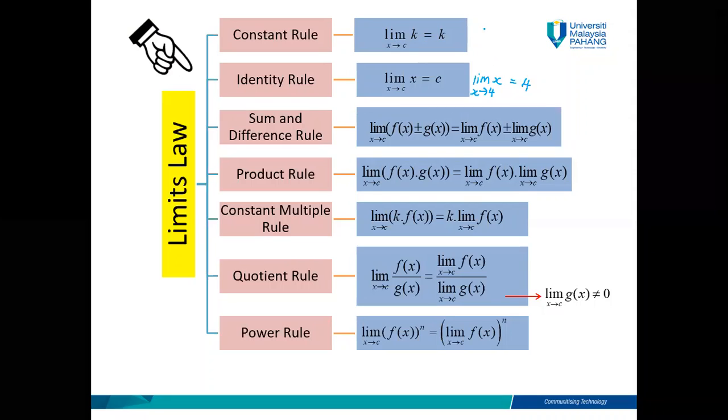For the constant rule, for example, the limit of 2 when x approaches 1. For the limit of 2, you cannot substitute, because for the limit technique we use the substitution method. You cannot substitute x here, so that is the answer.